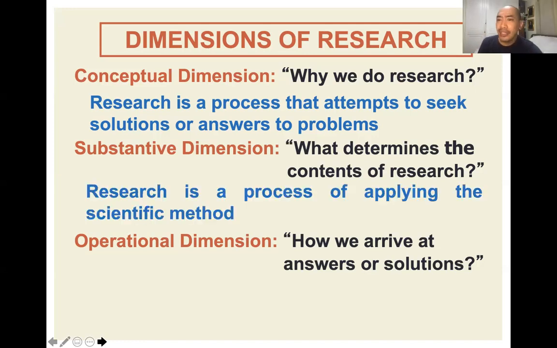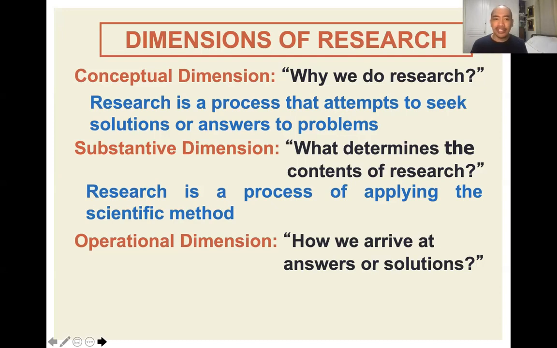Second, research is a process of applying the scientific method. So what determines the contents of research? What actually falls within the purview of the scientific method, which basically means that if it does not follow the scientific method, and by scientific method, we're not limiting it only to quantitative modes, but also to qualitative models.